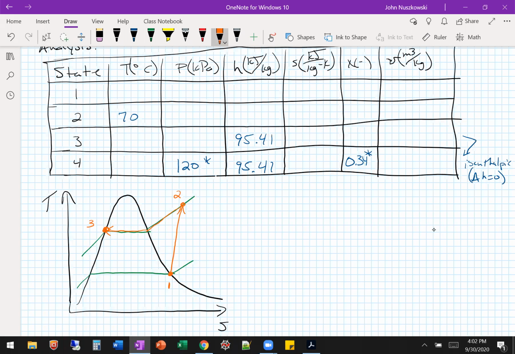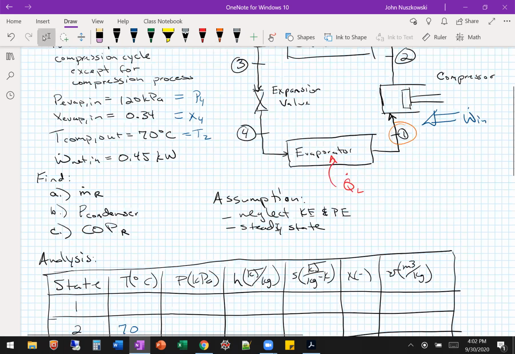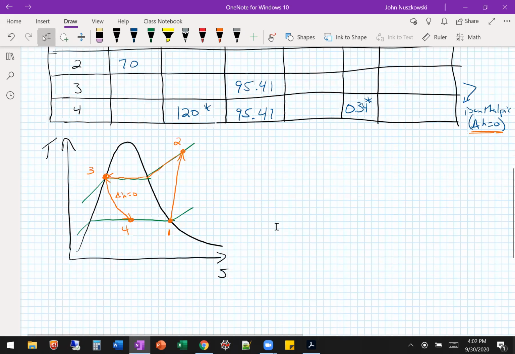Then we said we have an isenthalpic process, delta H is 0, and we end up at 4. And then we go through our evaporator, and we evaporate the refrigerant.